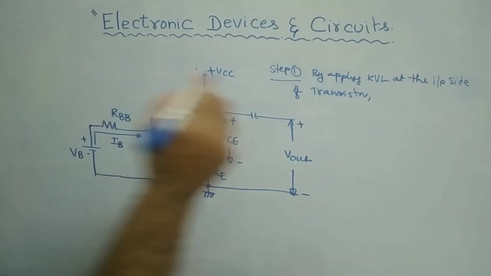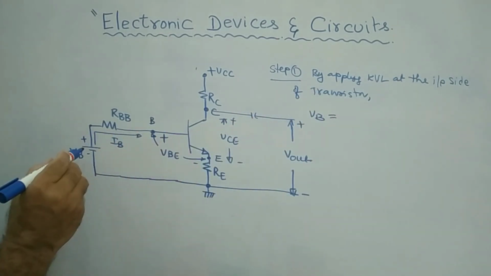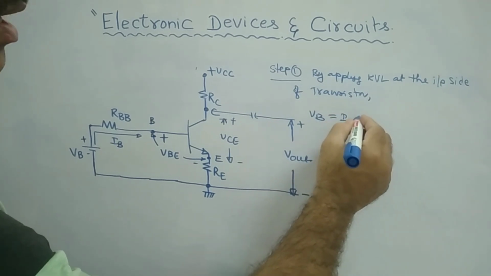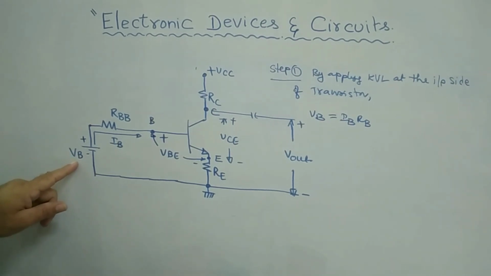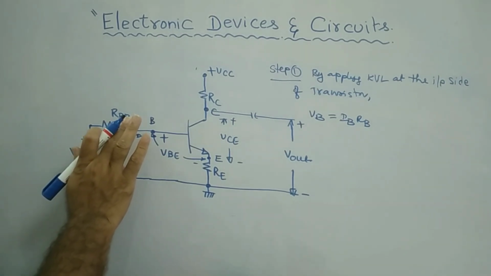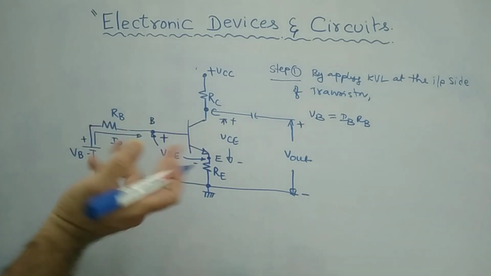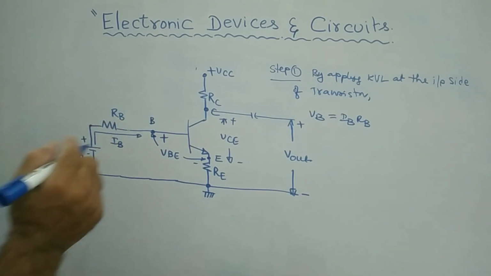VB is equal to IB into RB or RBB, whatever you like. If you take VB, then better you write RB, or if VBB, you can write RBB. That is up to you, nothing wrong in that. If you consider VB, then take it as RB. Therefore VB is equal to IB into RB, right?